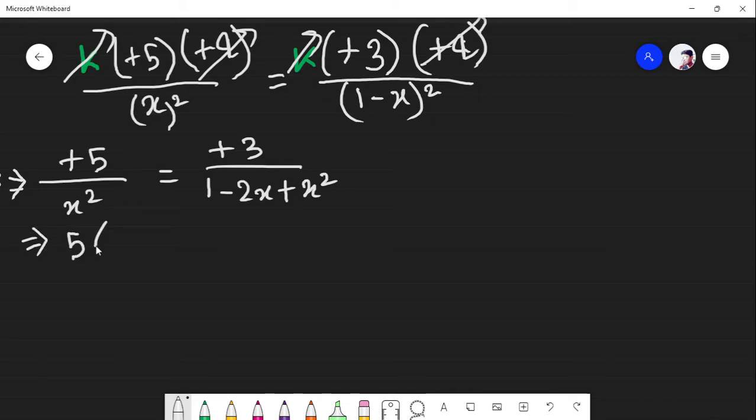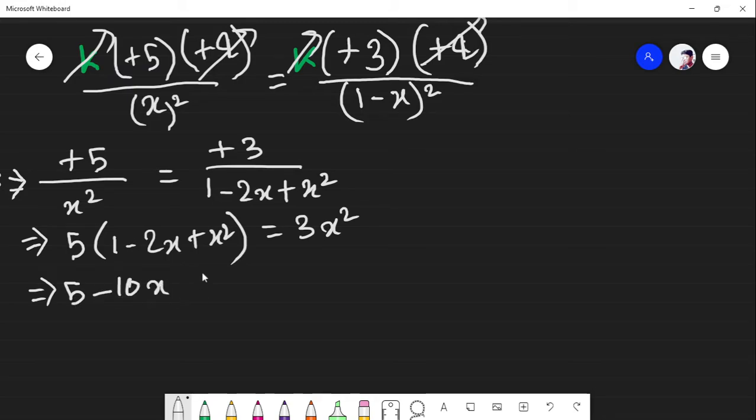And let's cross multiply. So this will be 5 into 1 minus 2x plus x squared, and here will be 3x squared. So the whole thing will be 5 minus 10x plus 5x squared minus 3x squared should be equal to 0. This is our quadratic equation.